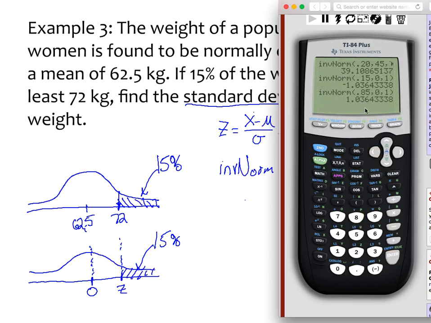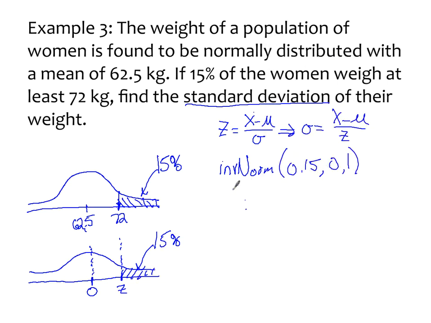And you can notice, it's the opposite in sign, and that should make sense because 0.85 is the complement area, and so it's symmetrical. So the z value is 1.036-ish, right? So z is about 1.036.